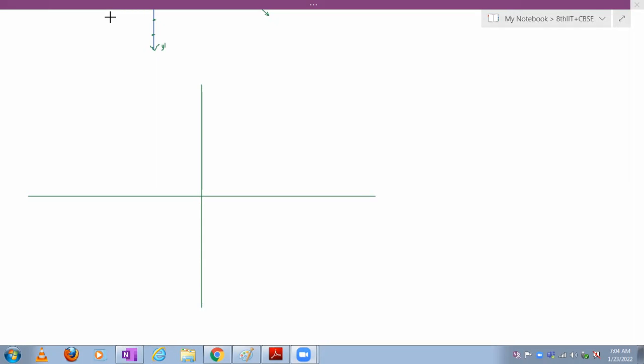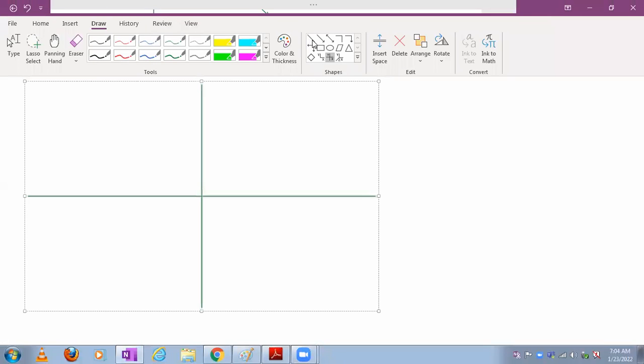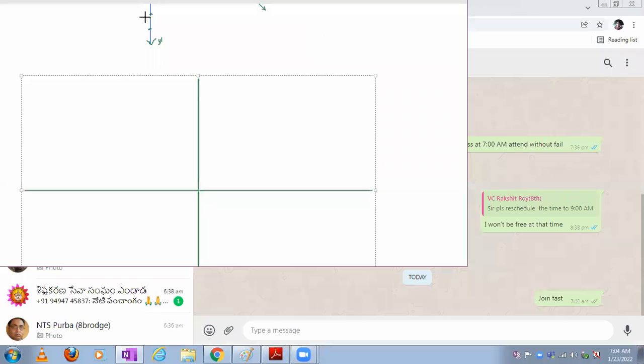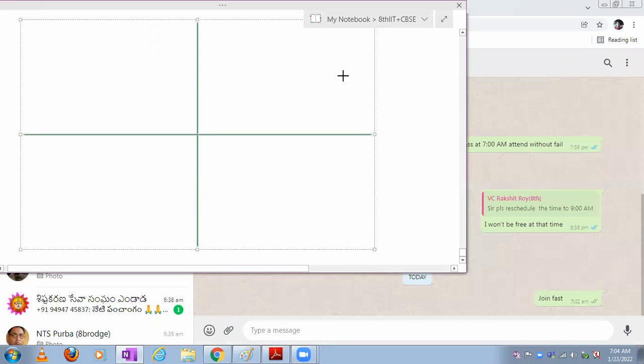See, if you want to find out this one, there are two straight lines, right? So, just a minute.